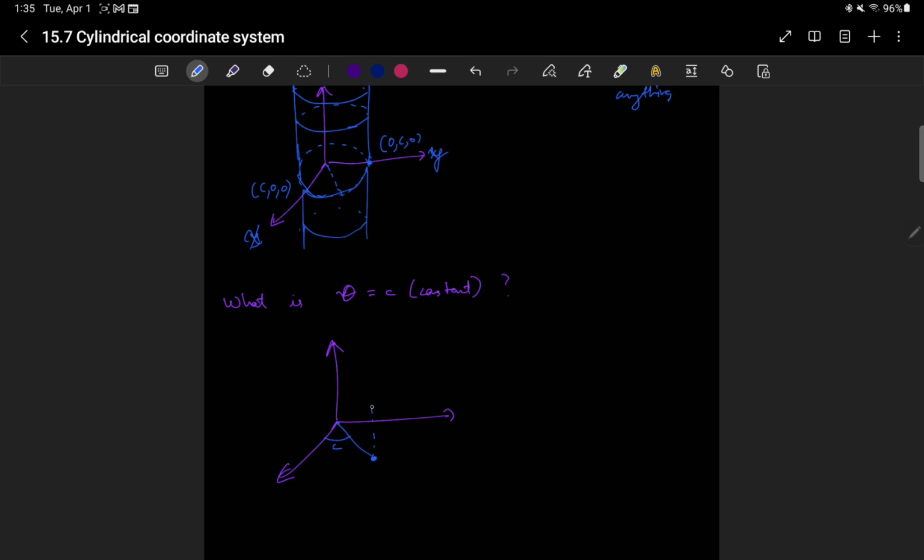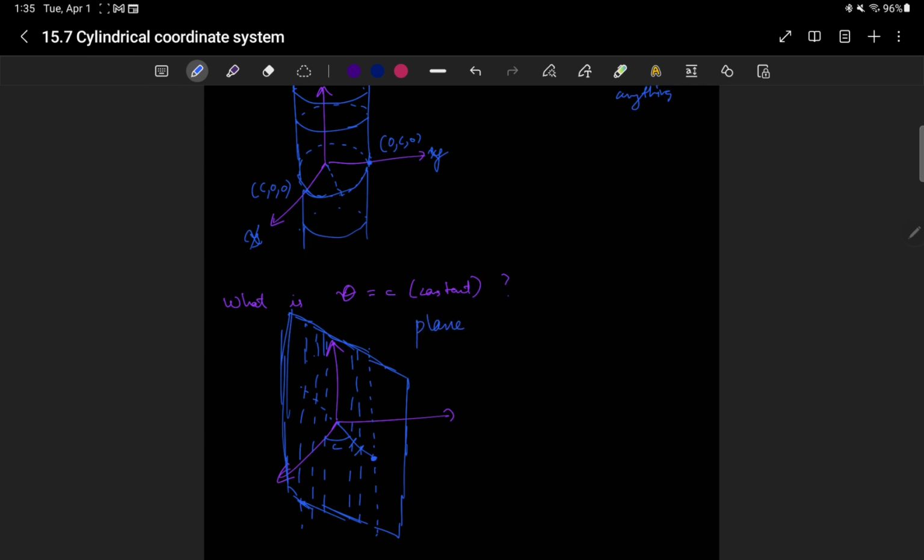But z can take any value, so it goes up and down, and r can change. r can get smaller and smaller, and for each r there can be vertical lines. In fact, it can go all the way back, and for each negative r, as long as it's on that angle, what we will end up with is a plane. If you connect all of those lines, this will become a plane.